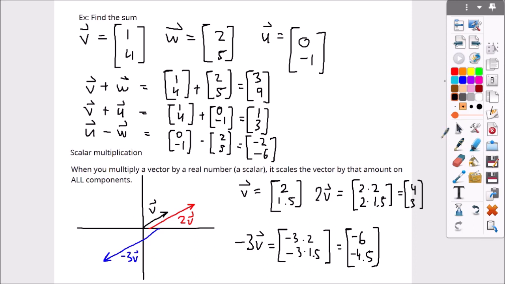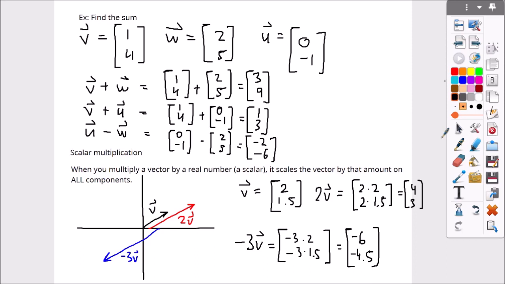Anyways, scalar multiplication. What's scalar multiplication? Scalar multiplication is when you multiply a vector by a number, by a scalar. It's not a vector. So it's not vector times vector, but vector times number. And the number is called the scalar. It scales the vector by an amount. That's why it's called a scalar, because it scales the vector.